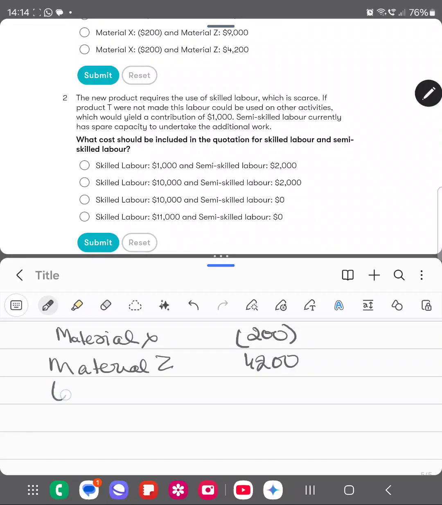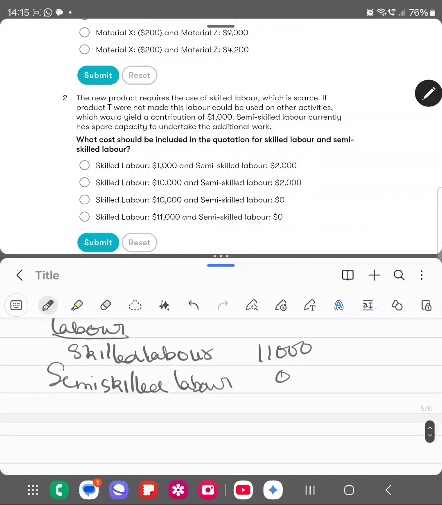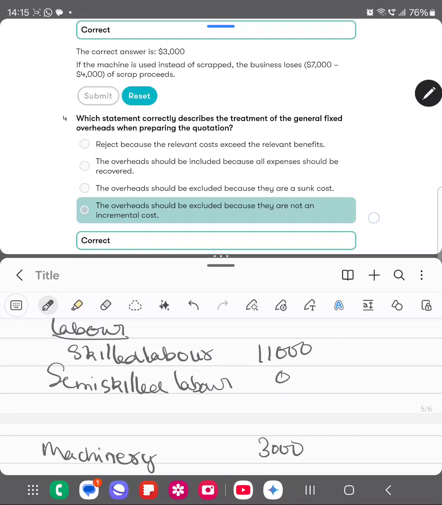After that, labor. In case of labor we had skilled, and for skilled labor we had calculated the relevant cost as 11,000, and for semi skilled labor it's 0. In case of machinery it's 3,000.